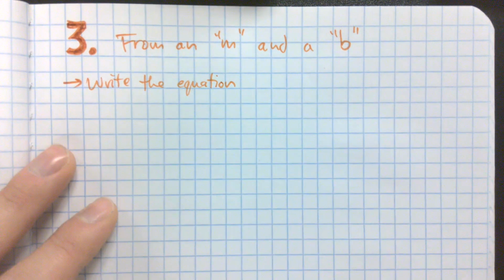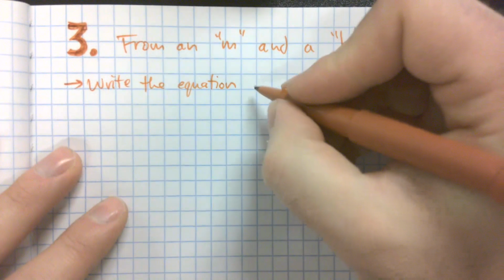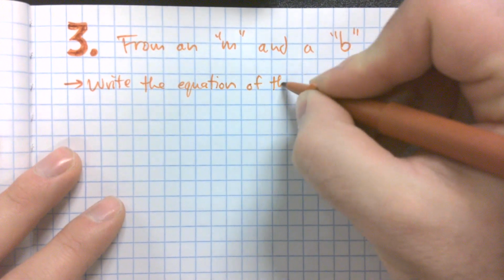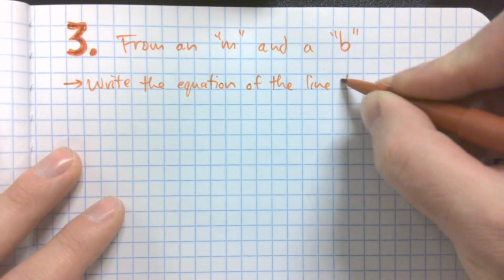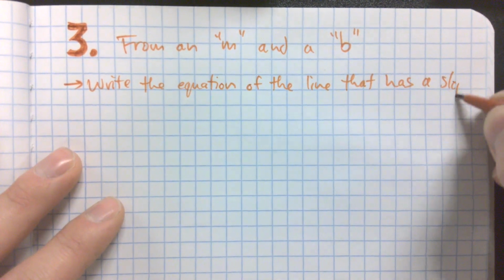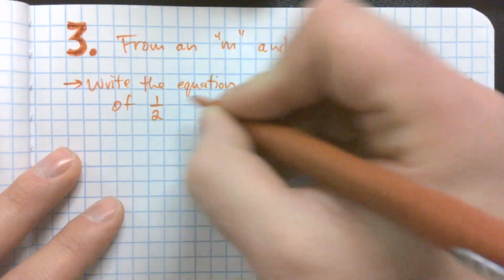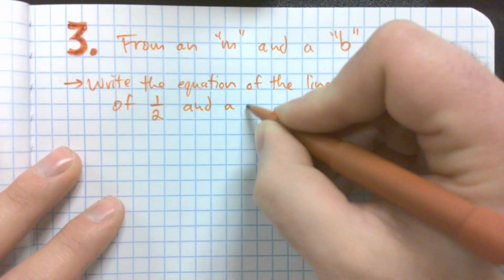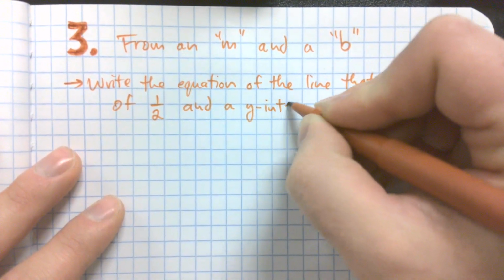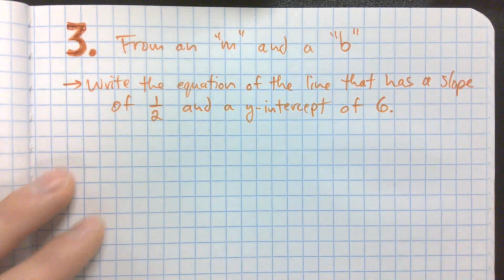Easily the easiest option that we have. Write the equation of the line that has a slope of 1/2 and a y-intercept of 6.